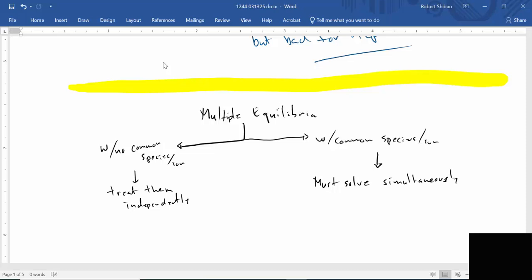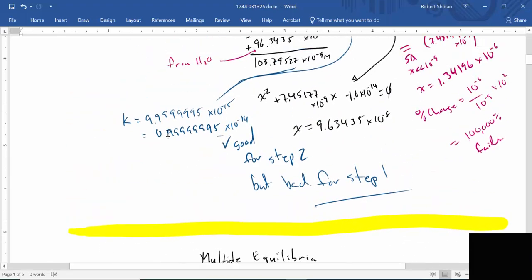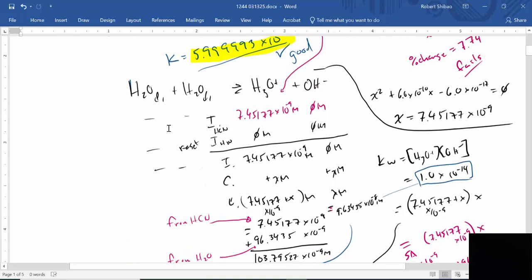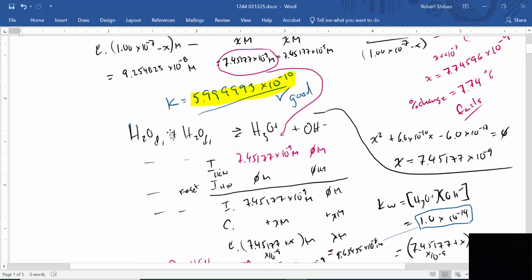So the secret to escaping the Chem 1B circle of death is this. We have to solve these simultaneously to get the same hydronium concentration for both of these at equilibrium. So if we could figure out a way to solve these simultaneously to get the same hydronium that satisfies both these equilibria at the end, then we're fine.